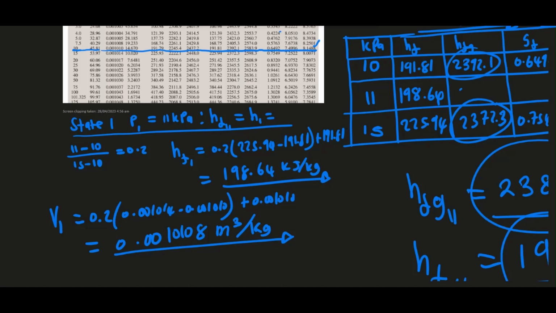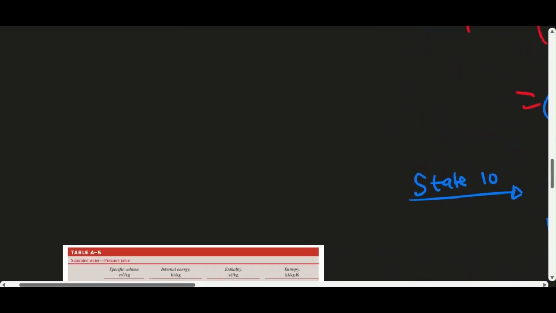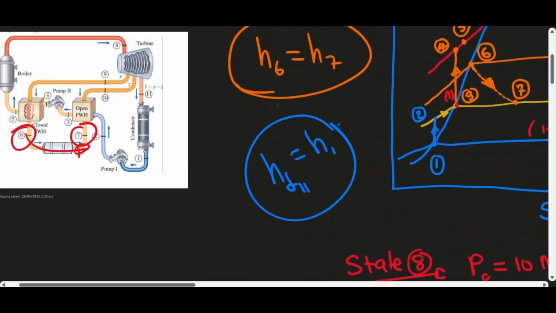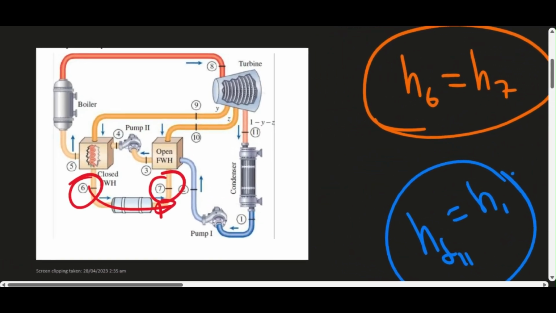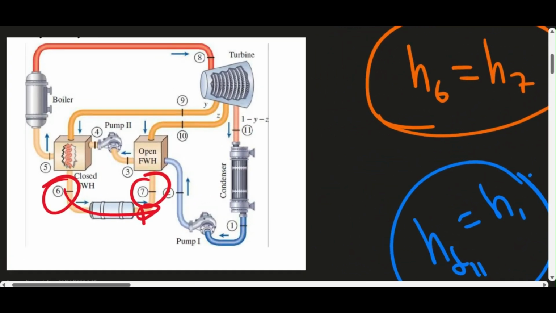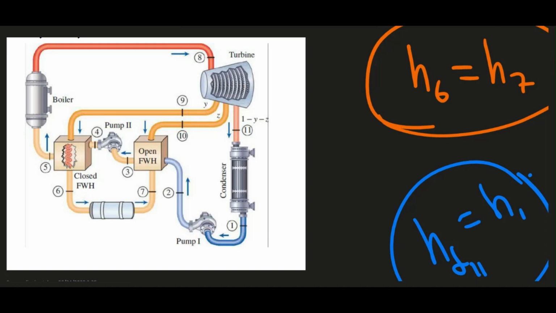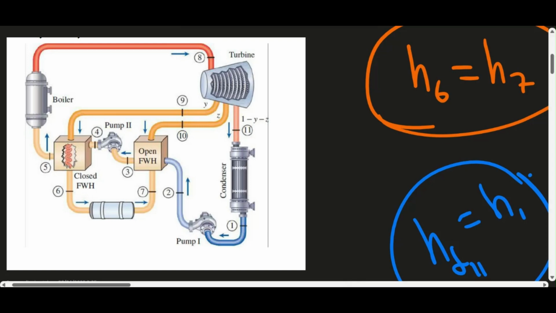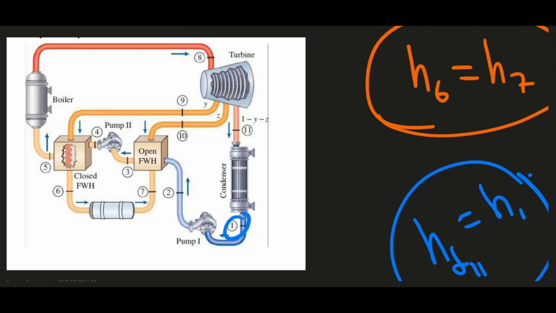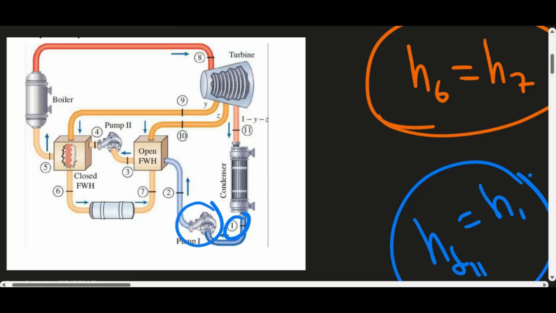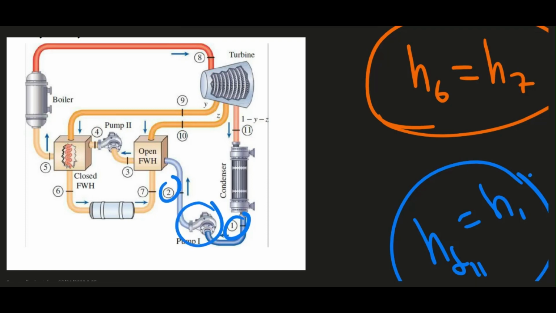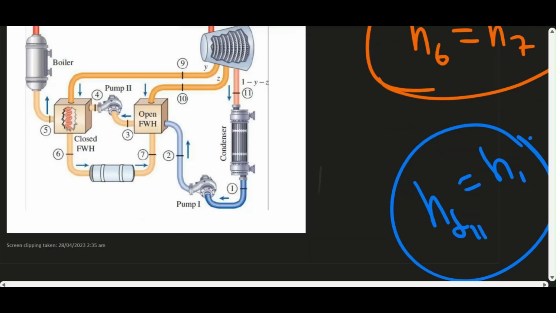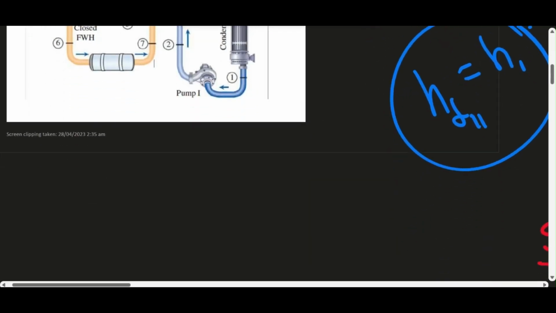What do you know about state 2? Well, to understand state 2, let's look at the schematic diagram. From state 1, work is done to the working fluid, which is a saturated liquid. Work is done by a pump to raise the pressure to state 2. Therefore we can use this in our formula to get H2.